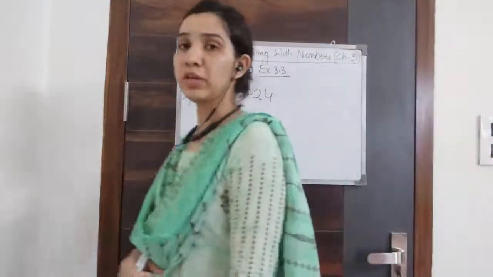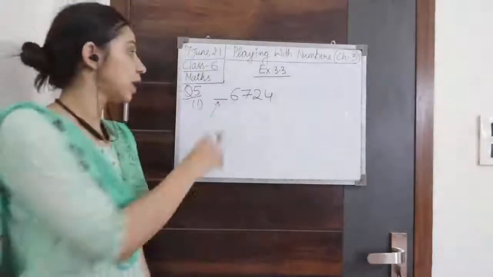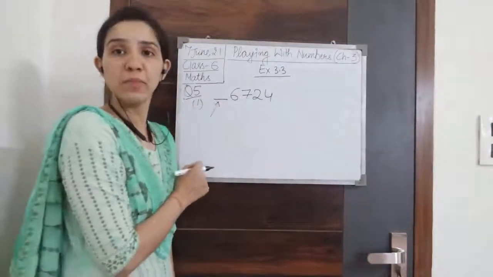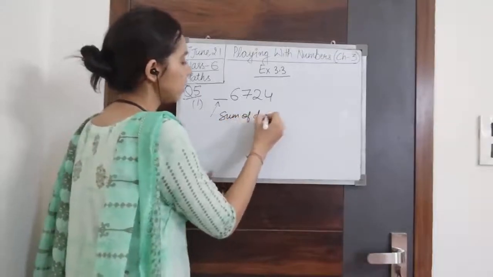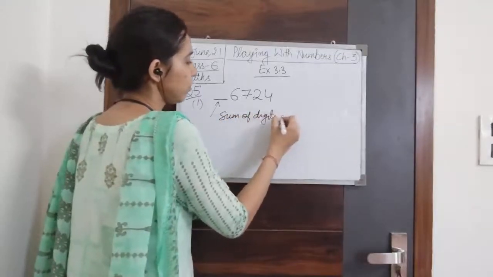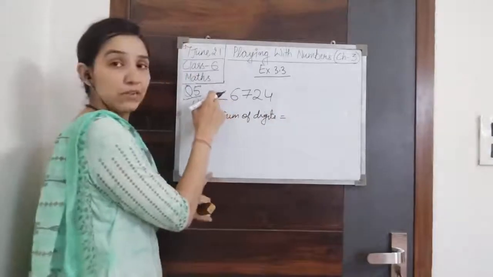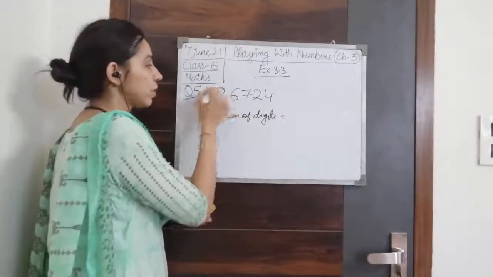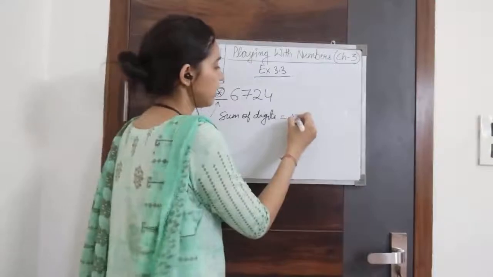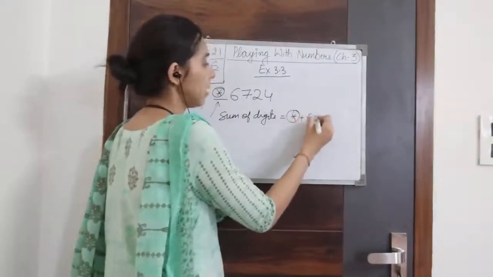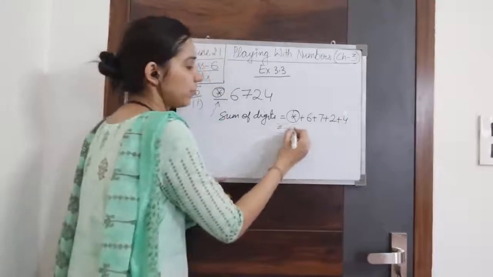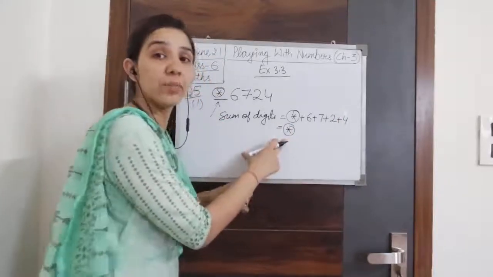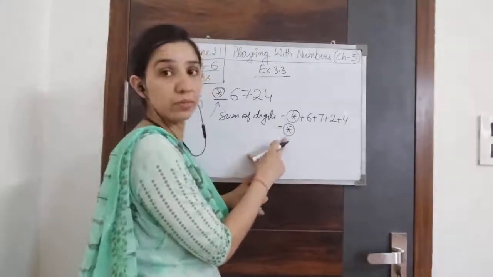The divisibility by 3 rule says that the sum of digits should be divisible by 3. The sum of digits in this case will include the number that will come here. Suppose the number is star. Star plus 6 plus 7 plus 2 plus 4. Since we don't know what that number is, we will put it as star.